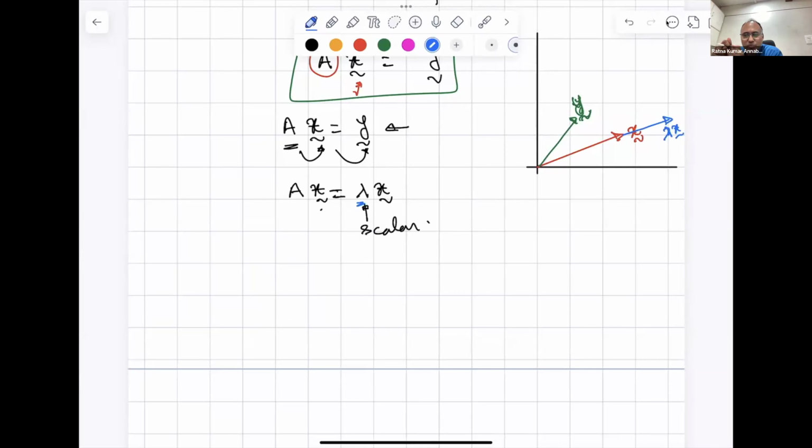If lambda is greater than 1, then X is stretched. If lambda is less than 1, then X is contracted. That means the magnitude of the vector alone is changing, but the direction of the vector is not changing. Right?